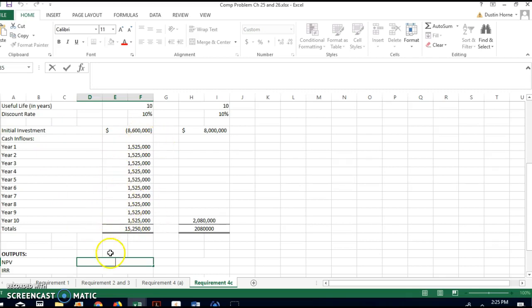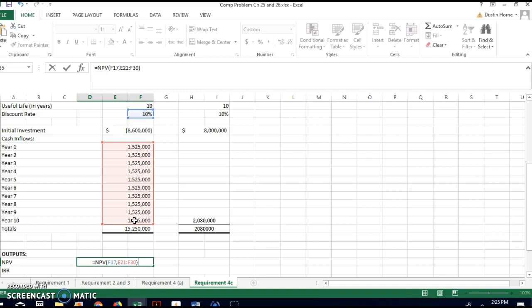So you put equals NPV and a parenthesis, and we want the discount rate, which is 10%. Then a comma, and we want the net present value of all these inflows plus the outflow.